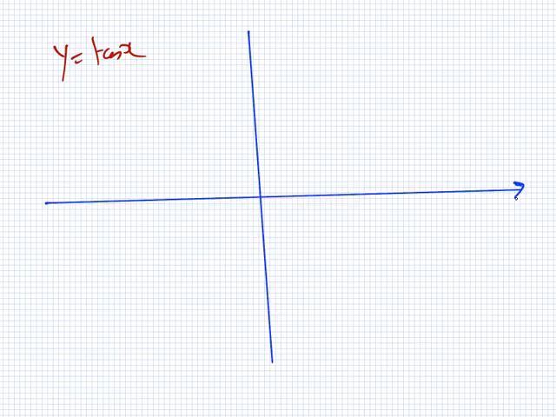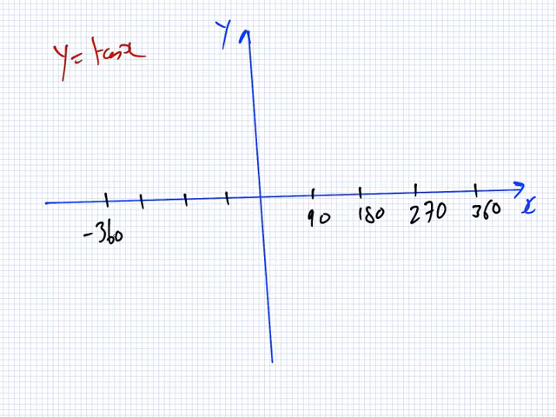Tan x now is the hard one. 90, 180, 270, 360, 90, 180, 270, 360, like this.